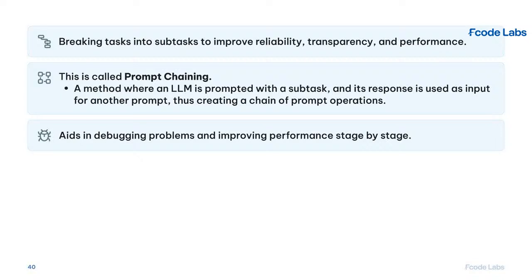This is called prompt chaining, where we break down long tasks into smaller tasks and run them one by one. This is good for debugging problems if you have a bug in the system, and also we can focus on improving stage by stage without taking the whole task into account.